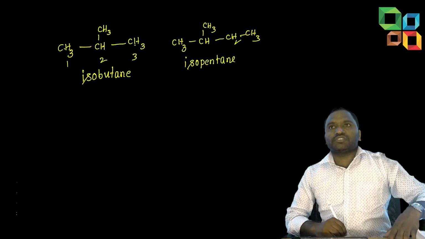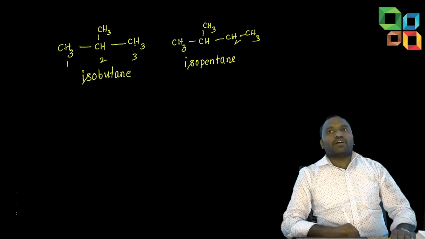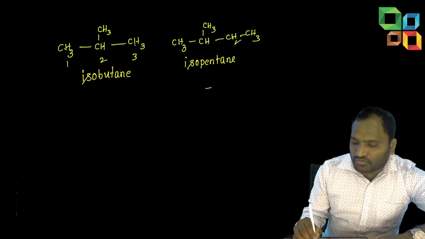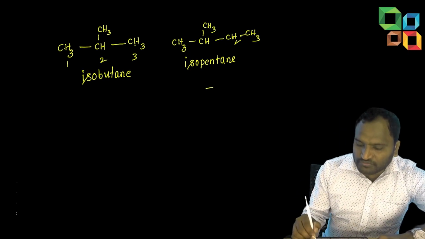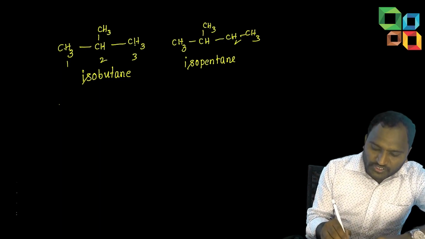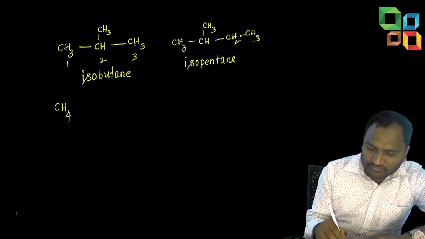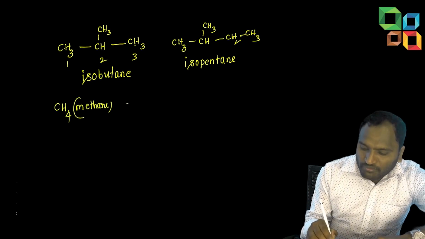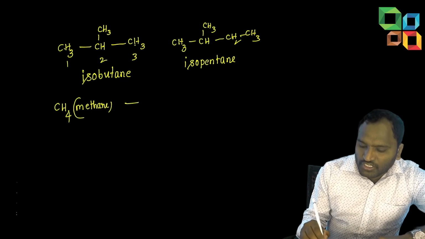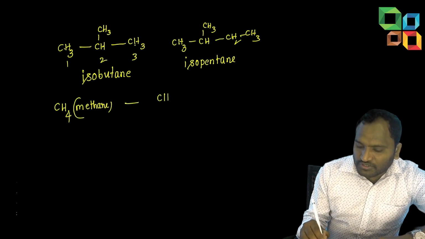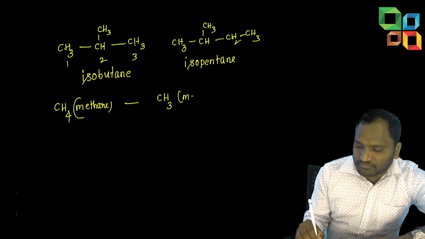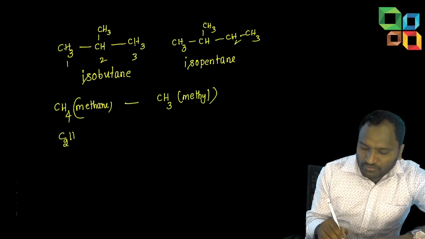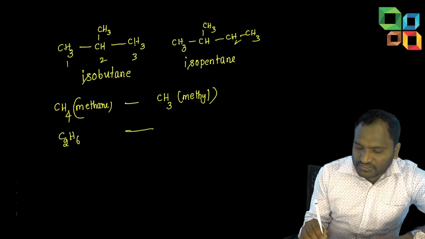Understood, students? Where we use iso: if the second carbon is connected with a methyl group. CH3 is called a methyl group. This one also I will give. See, students, this is methane. CH4 is called methane. From methane, if you remove one hydrogen, it is called methyl. From ethane, if you remove one hydrogen, it is ethyl.